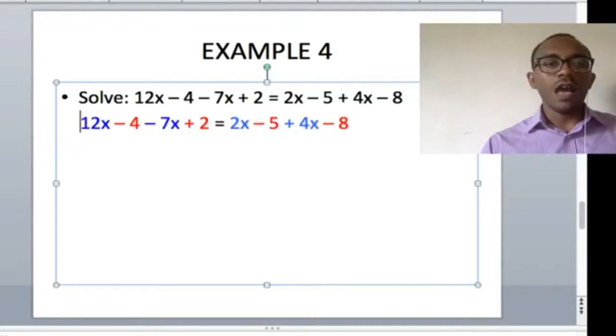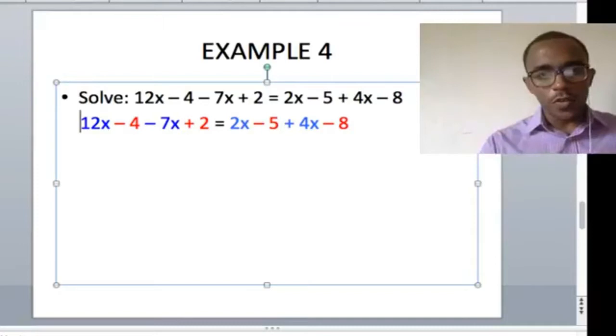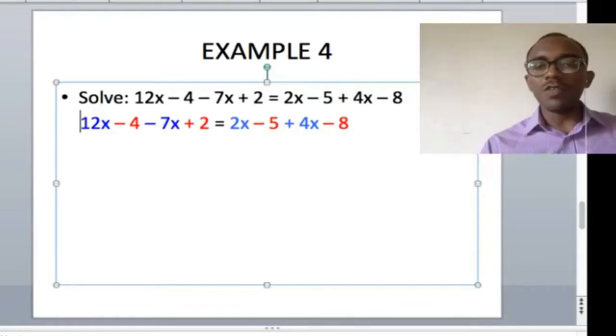As you can see, I put all the x's in blue and all the numbers in red. If you're on paper, you can use some symbol. You can put a circle around the x's and put the numbers in triangles or rectangles. But do something to make you see all similar terms with the same figure. Instead of a figure, I just put this in a different color, so you feel connected with me. Alright?